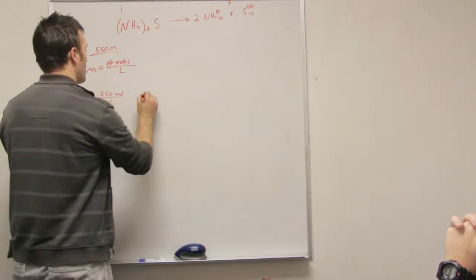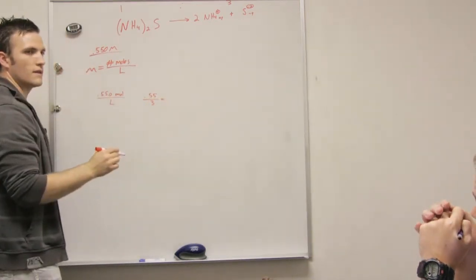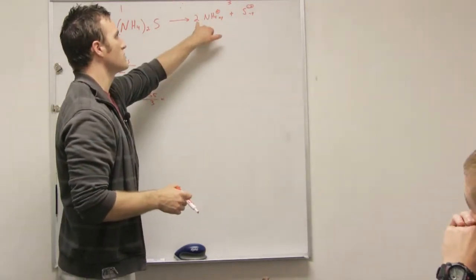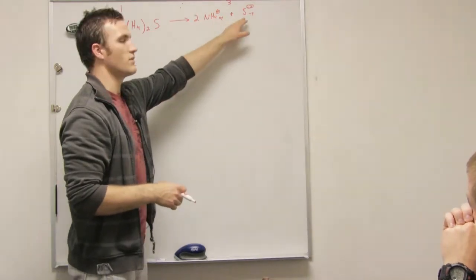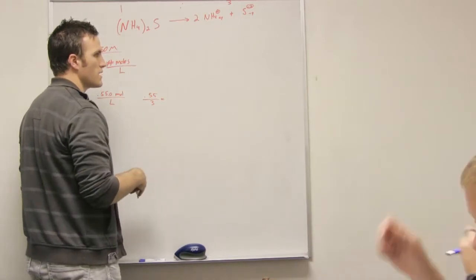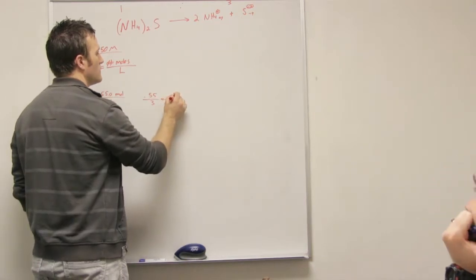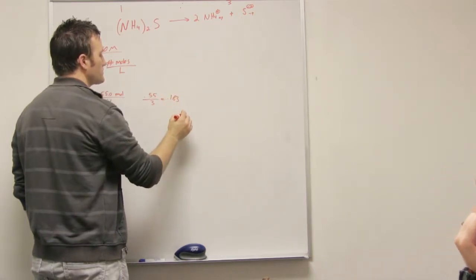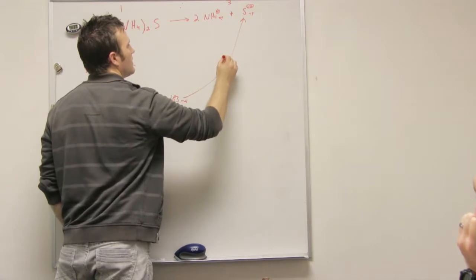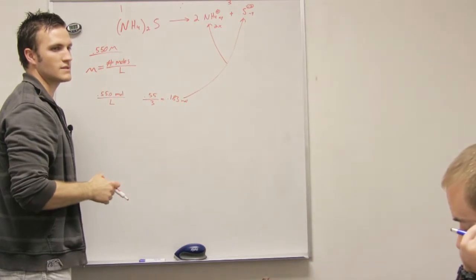So if we divided 0.55 by 3, that would give us the molarity of each ion. And then we times this one by 2 since there are 2 of those, and that one would just be 1. I don't know, this might be totally wrong. So 0.55 divided by 3 would be 0.183 repeating. So we'd have 0.183 moles of this and 2 times that. Does that make sense?